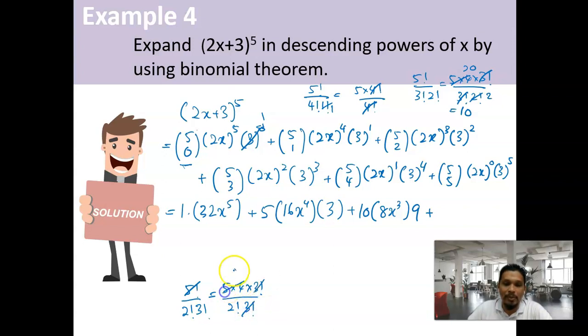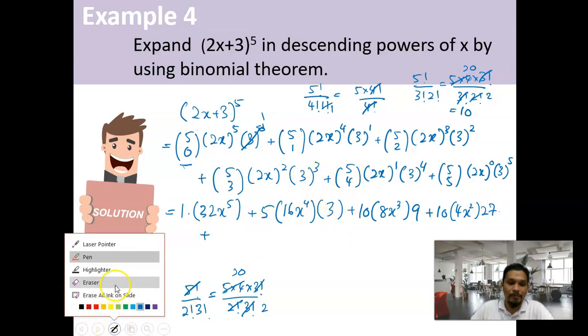So 5 times 4 equal to 20, 2 factorial equal to 2. Then another 10 here. So 10, 2 squared equal to 4x squared and 3 cubed equal to 27. Plus 5 choose 4. What about this one here now?